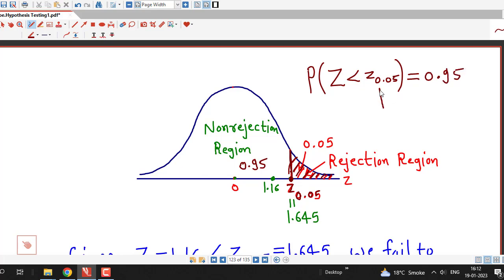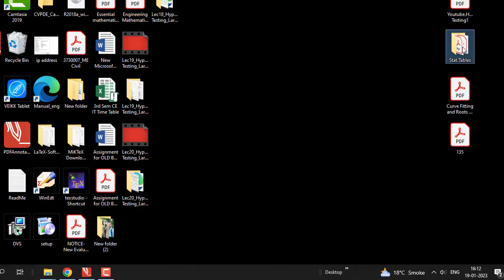So we can decide this value using the cumulative probability table for the normal distribution. We have to search for 0.95 in that table, and we will be able to decide the critical value.